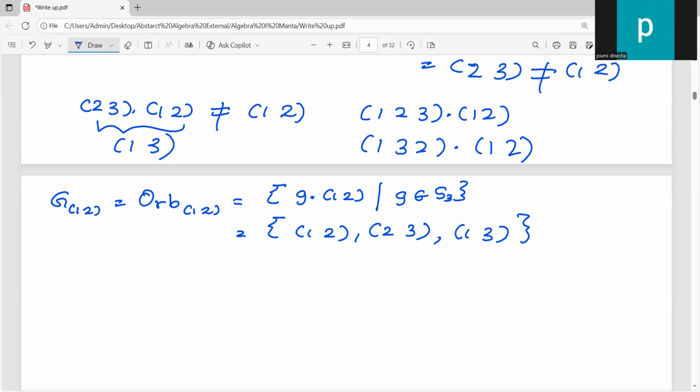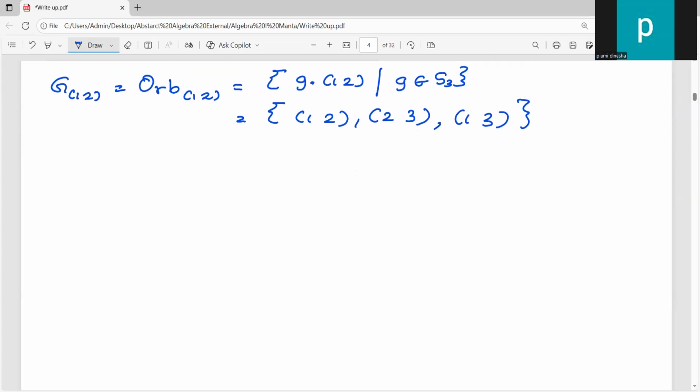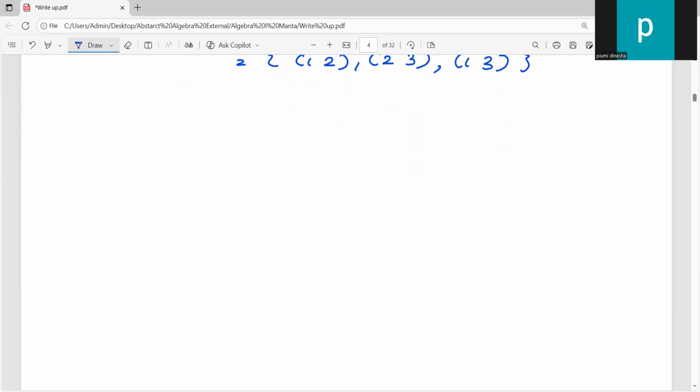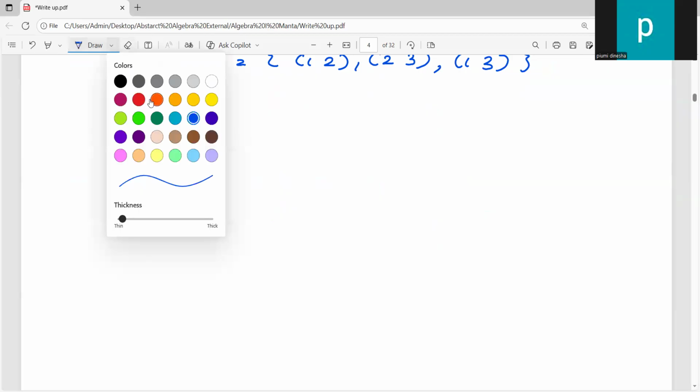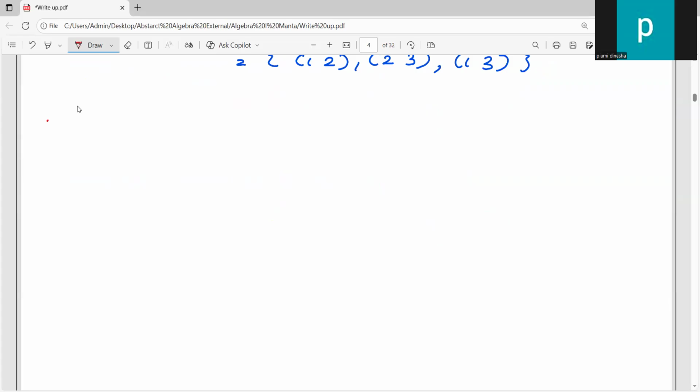Okay, now with this we go to the orbit stabilizer theorem. Let me state the theorem first.